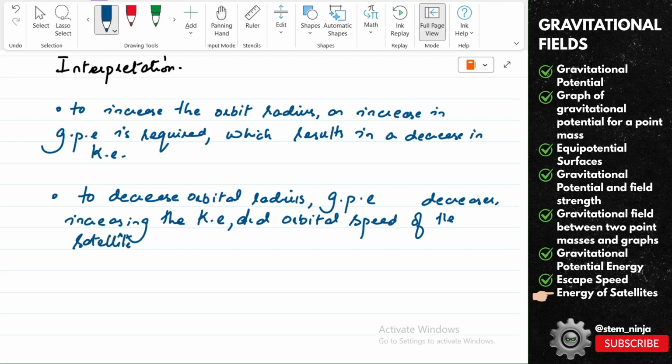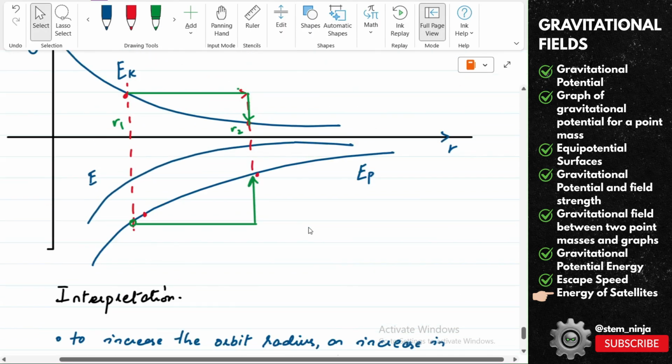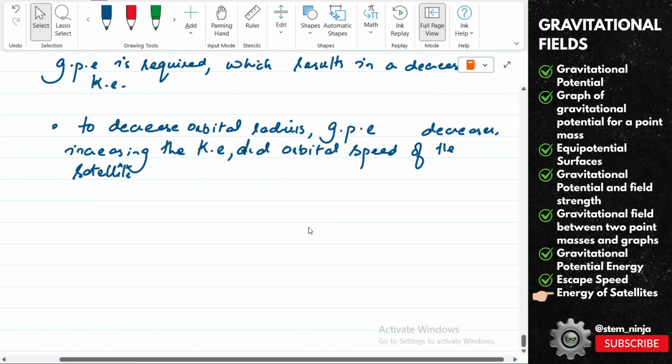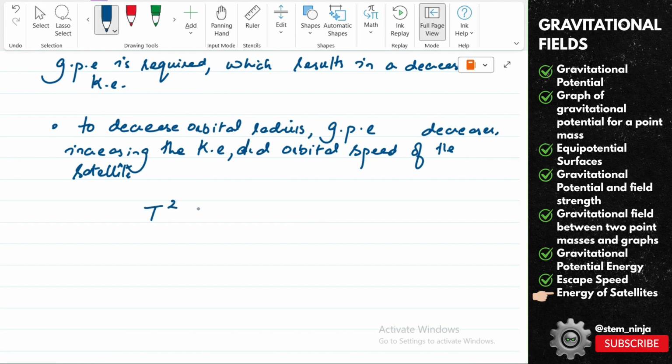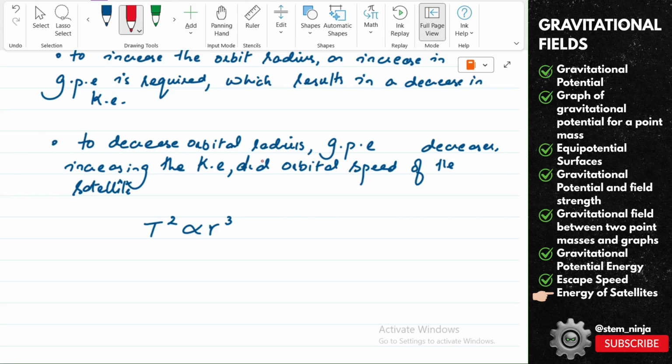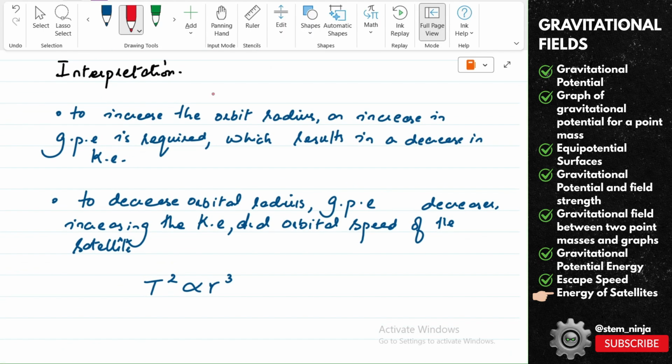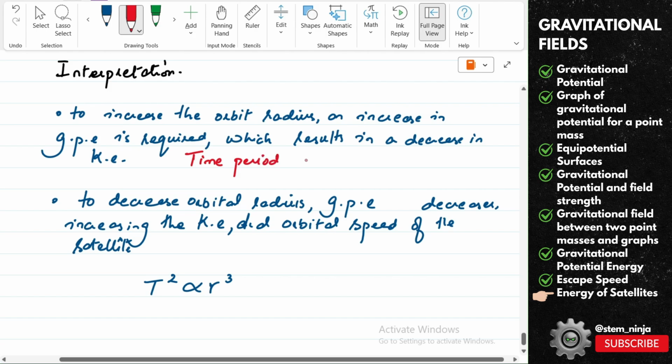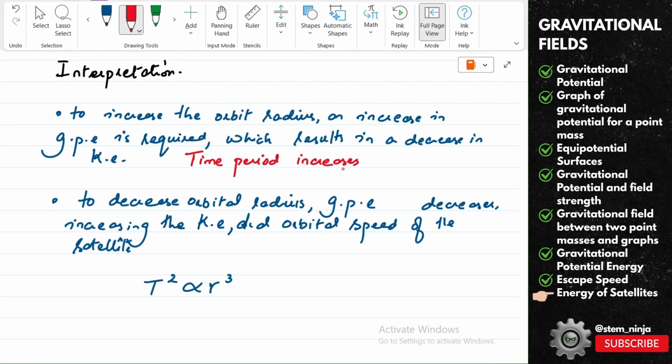That means if the satellite moves to a lower orbit, the kinetic energy and the orbital speed of that object will increase. And we already remember the rule that the time period squared is proportional to r cubed. So if the radius is increased, the time period increases. And in this case, the time period of the orbit decreases.